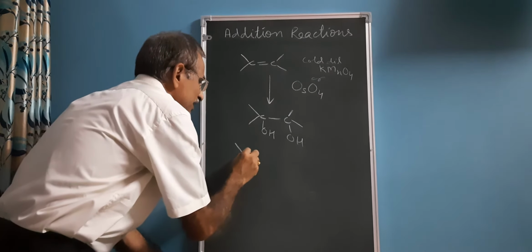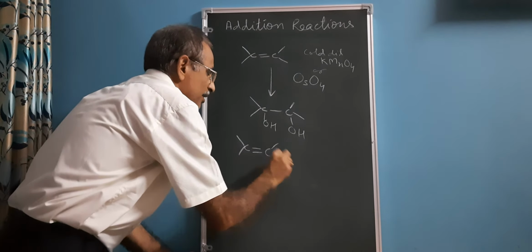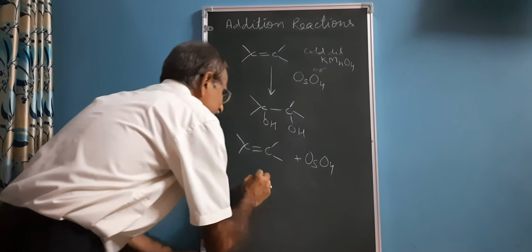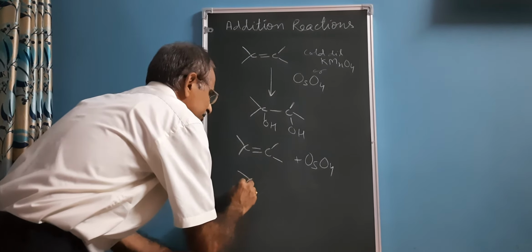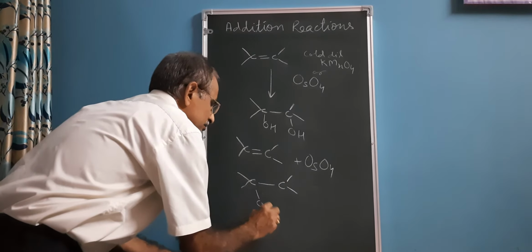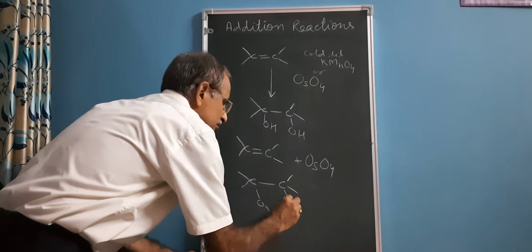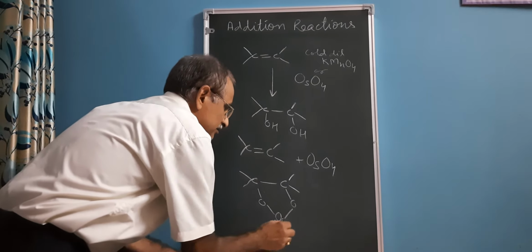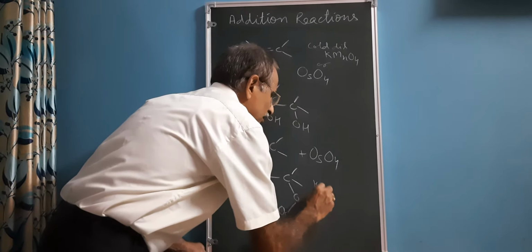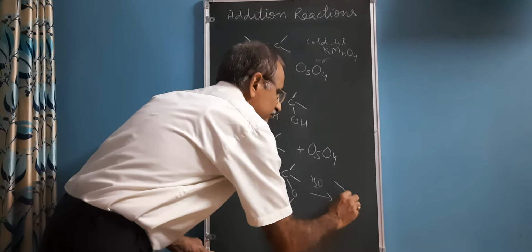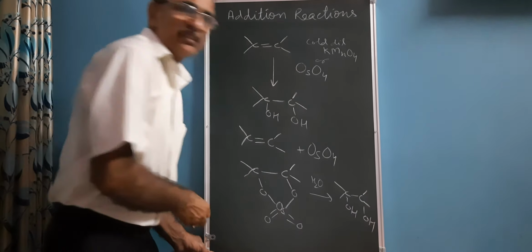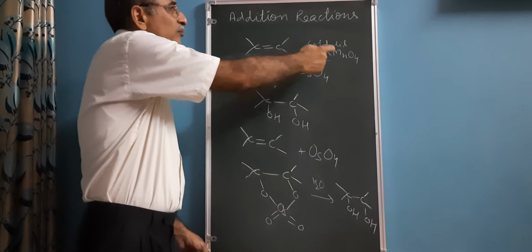Because once we have, let's consider, OsO4, there is formation of a cyclic intermediate here, and again in presence of water we have cis addition.